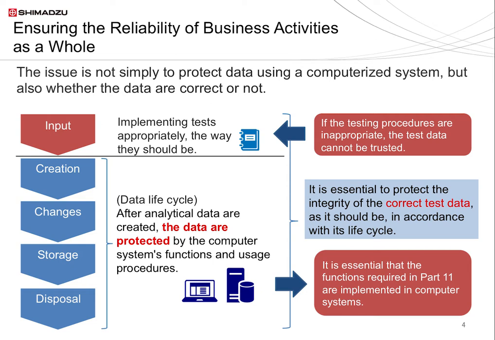Correct test data are only achieved once the entire data life cycle, from generation to modification, storage, and destruction, is secured. So the matters below this line can also be secured by a computer system.